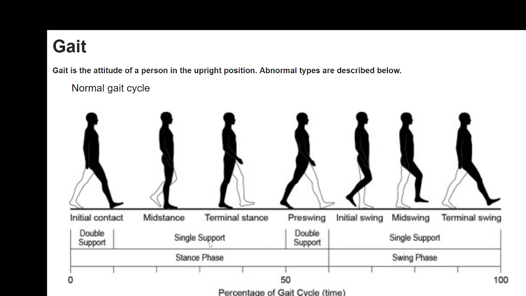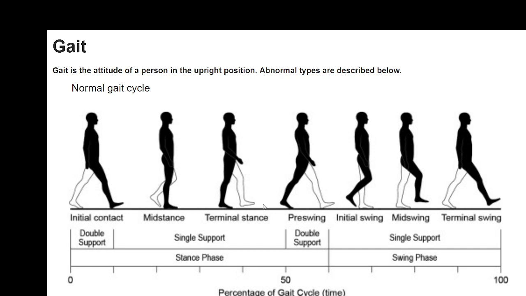Then the next stage is a single support stage, where one leg is raised up and the other leg has the support. During this phase there will be a gradual progression of one leg from the hind part to the front part. This is what we call the mid stance and terminal stance.